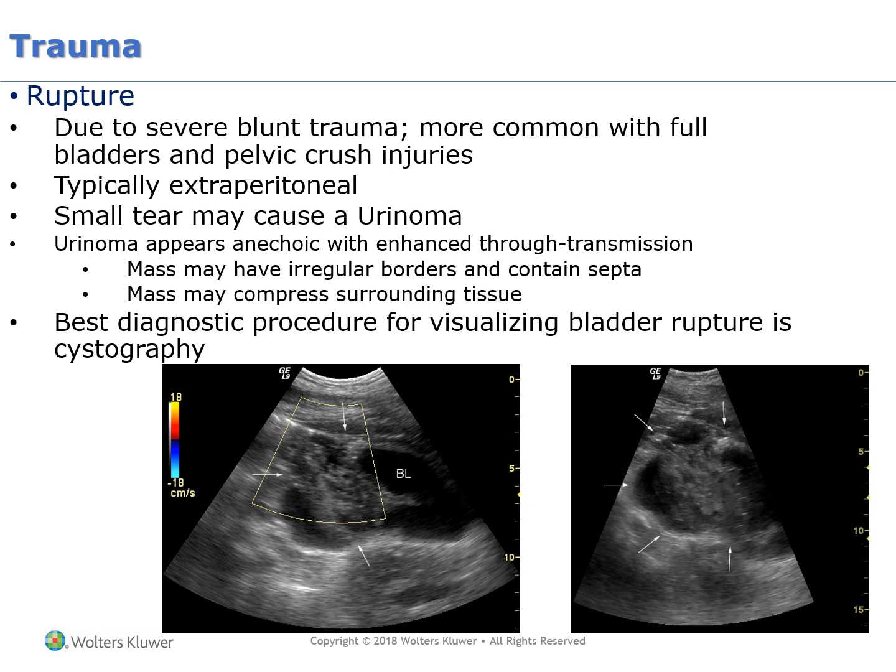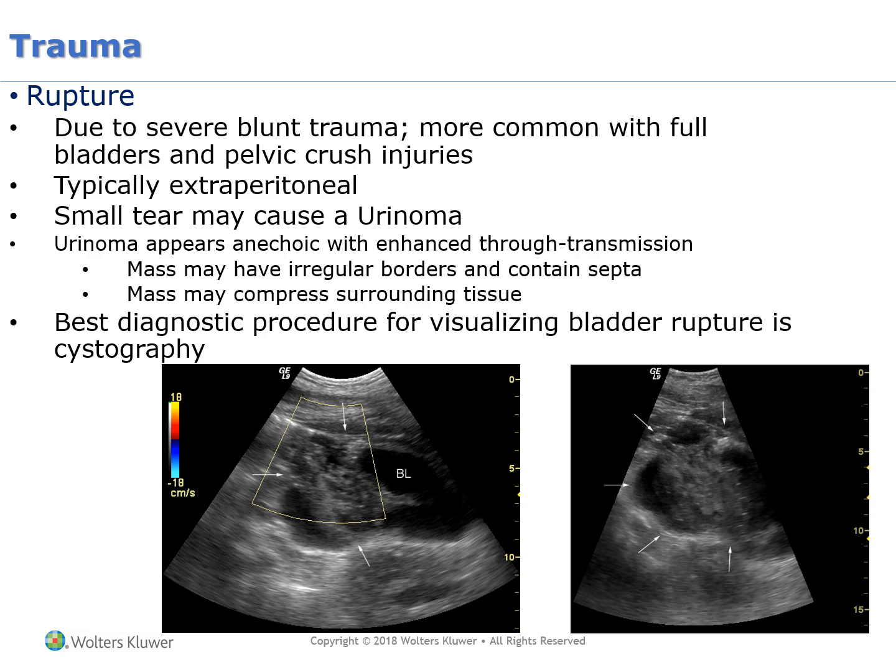A urinoma, if it's brand new, is going to appear anechoic with posterior enhancement. It can sometimes have irregular borders and contain septa. If it's large enough, it can compress surrounding tissue. If it sits there long enough, it may eventually develop an infection.